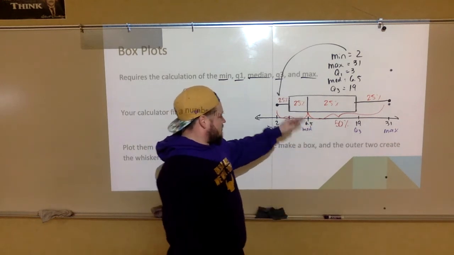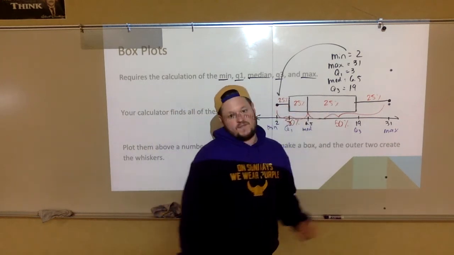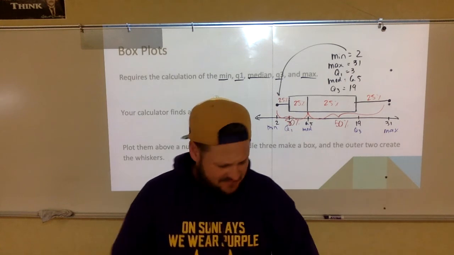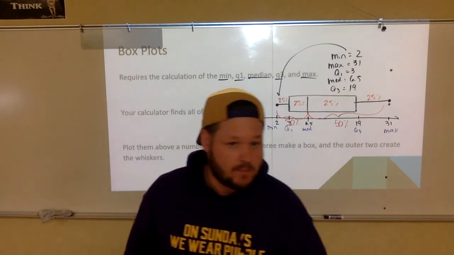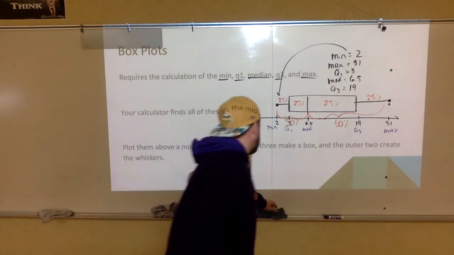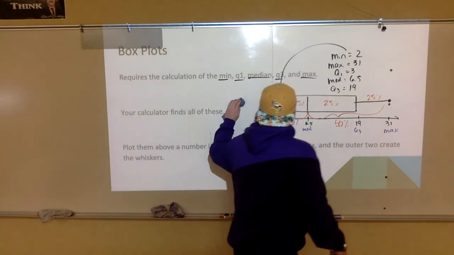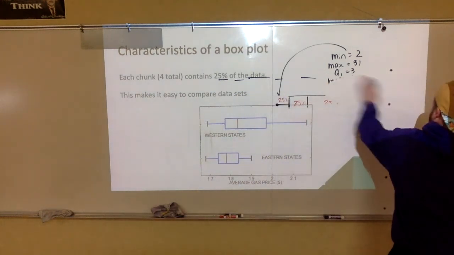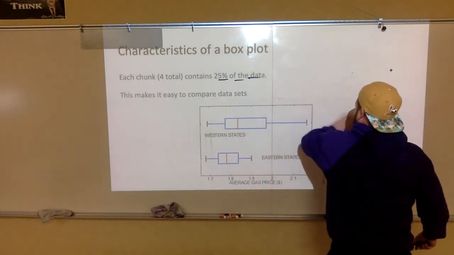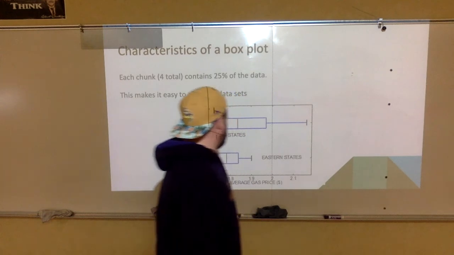And so what that does is it splits each chunk into 25%. That, I think, is everything you need to know about all the different displays and box plots and stuff like that. You will see that on your assessments and in future courses.